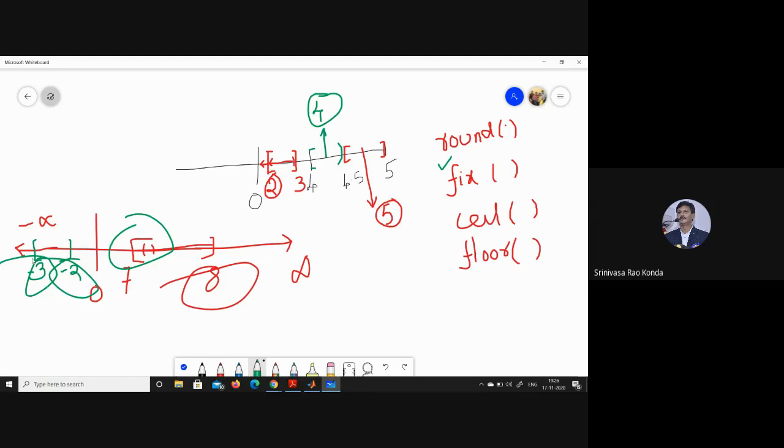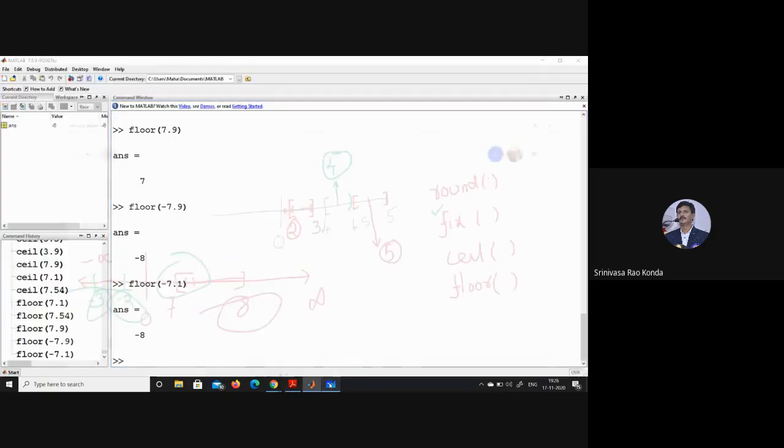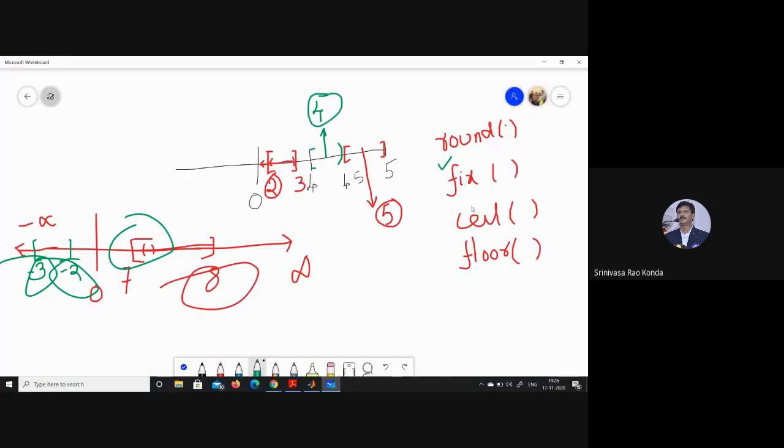That's the difference. I hope you understand the difference between these commands. Ceil means plus infinity, we can remember it like this. Floor means down, minus infinity. Fix means towards 0.